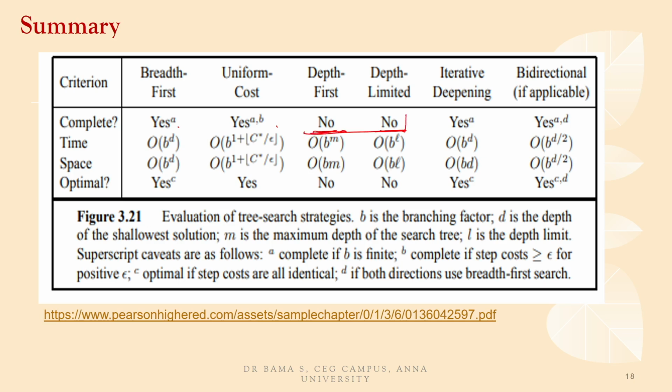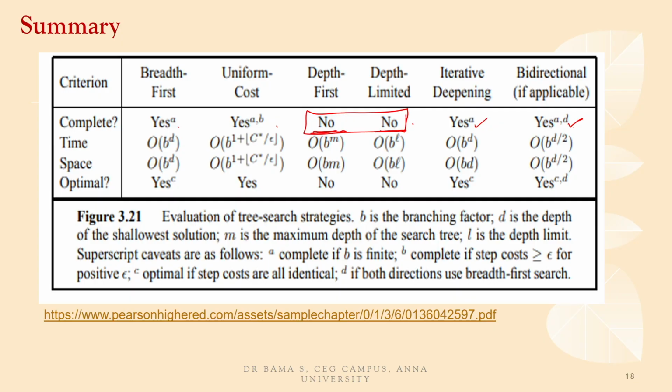Again I said the reason, it is because maybe of the loops that is there, and iterative deepening it is complete, and bidirectional we will see in the next session of how it is being complete. So, wherever there is depth first search it is not complete, the reason is there may be loops in the depth first search, that is number 1. Other one is the infinite depth, if there is a goal we may not be able to find.